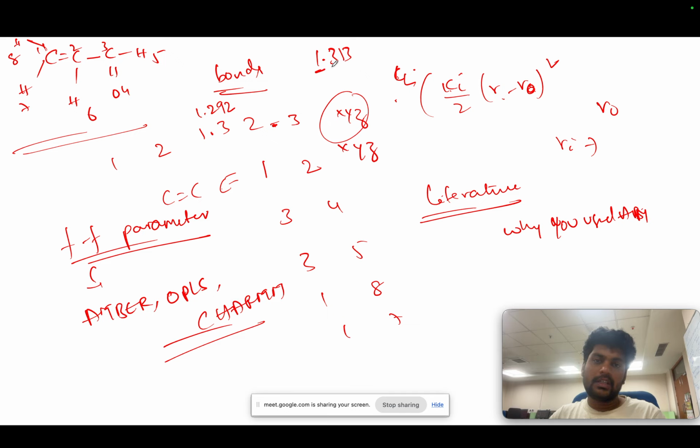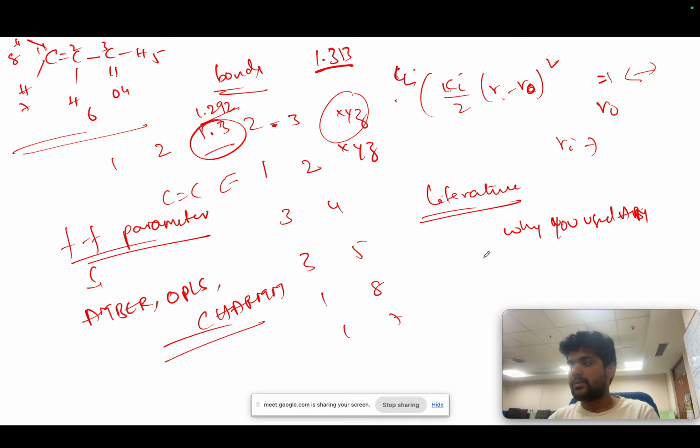You may feel that this difference is very small on a small scale, but if you apply this to 8 atoms, and the 8 bonds, 8 angles, 8 dihedrals, and so on, the value will change on a huge scale. So they ask why use Amber, not OPLS or CHARMM. Then we say that, from the literature, we have found that Amber is the most suitable one.